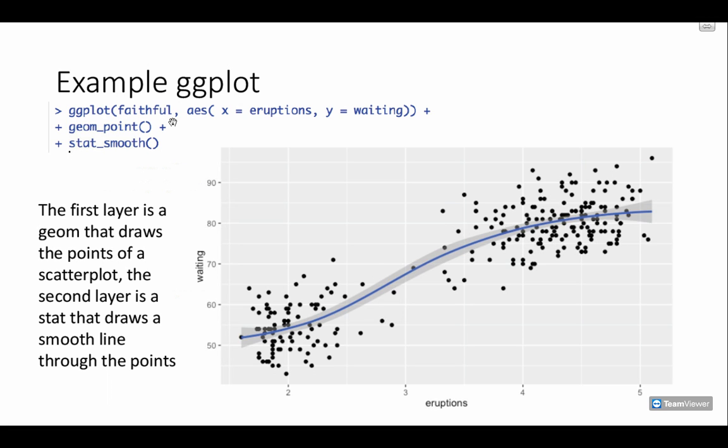The first argument is the data set, and then you specify the aesthetics, the x-axis and y-axis. Within it you use the aes keyword, and we want x as the eruptions here, and y is the wait time.